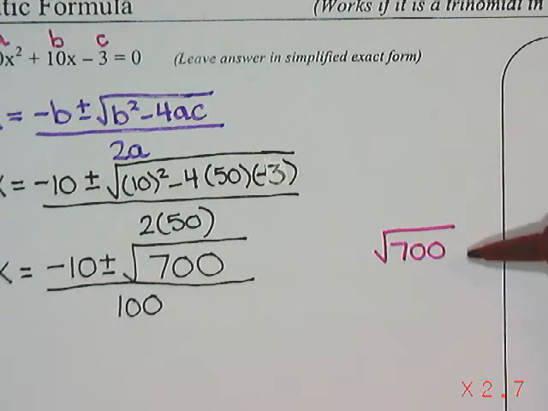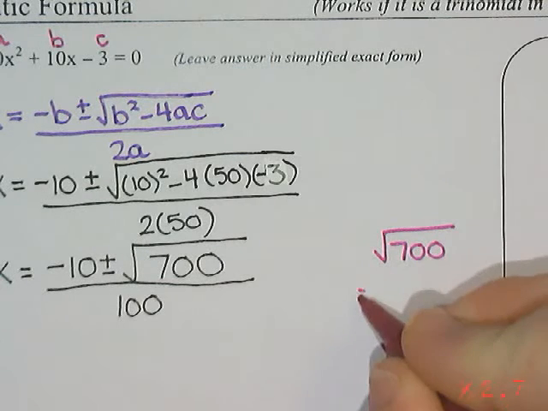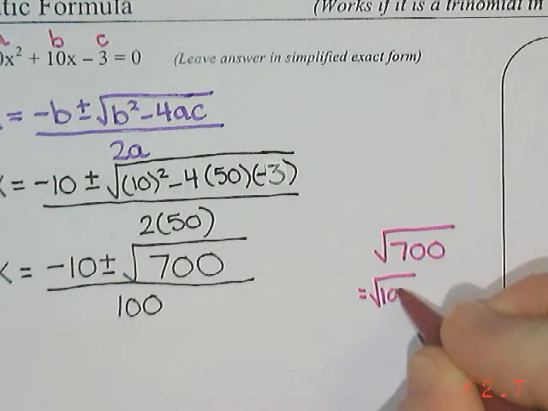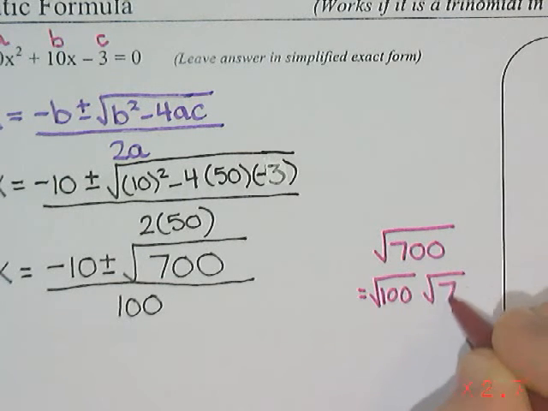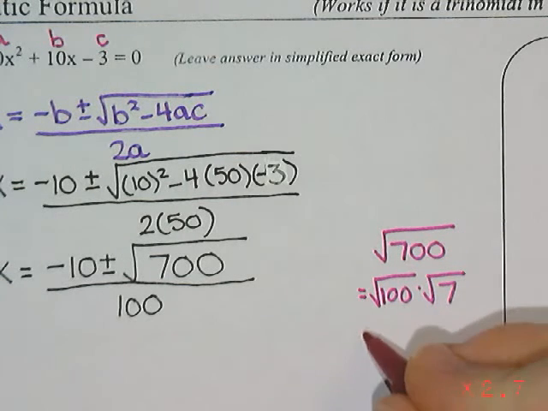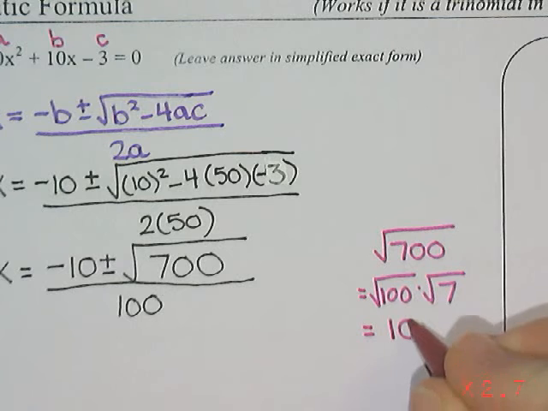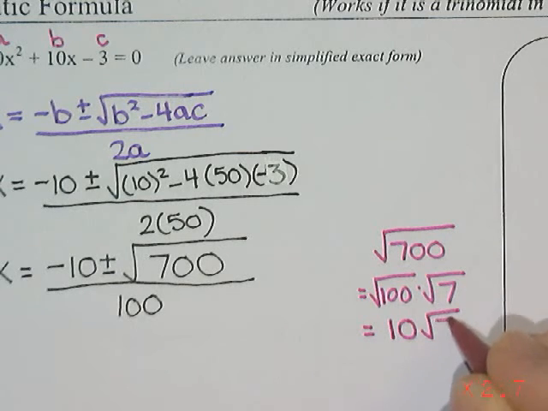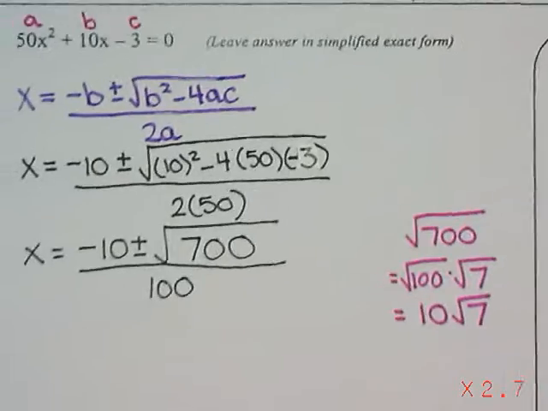So I think this is going to be the square root of 100 times the square root of 7. Remember, we always want one of the numbers to be a perfect square so that we can work it out. The square root of 100 is 10, and the square root of 7 is a decimal. I don't really want the decimal because the question said it needed to be in exact form. So I'm going to replace the square root of 700 with 10 root 7.